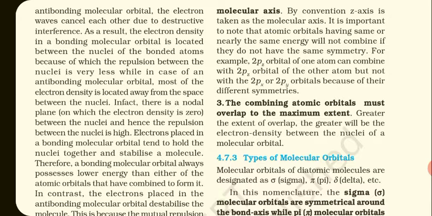As a result, the electron density in a bonding molecular orbital is located between the nuclei of the bonded atoms, and because of this the repulsion between the nuclei is very less, while in an anti-bonding molecular orbital, most of the electron density is located away from the space between the nuclei. In fact, there is a nodal plane on which the electron density is zero.